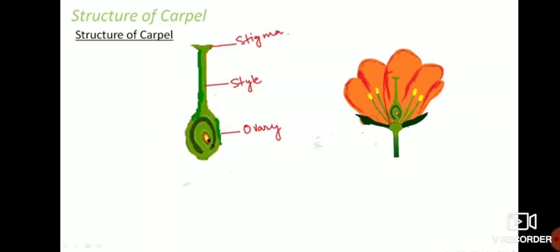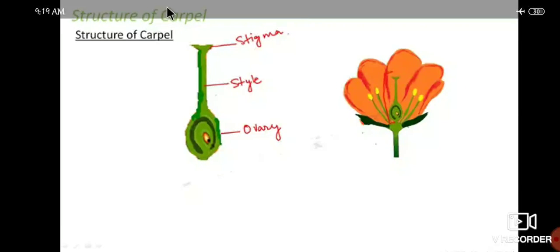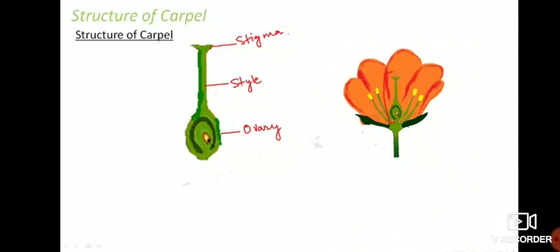And next, carpel. It is very important. This is female reproductive organ. In this carpel, this is female reproductive organ. In this one, female gametes, which one means ovary or egg. Ovary or egg will be there.